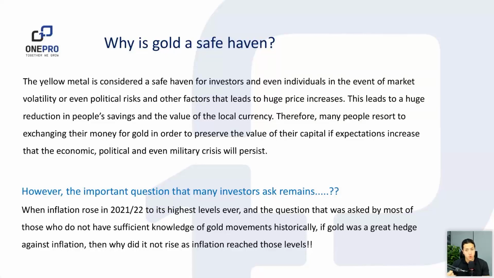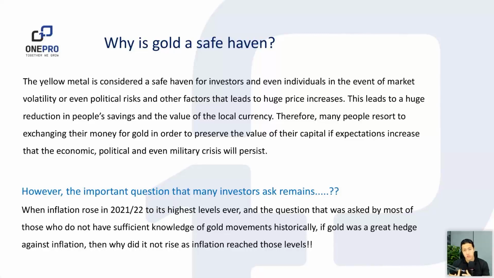So if inflation is going up, people basically should refer to gold, because the US dollar, the euro, the pound, whatever the currency is, it's losing its value. So we are basically referring to gold to store the value of what we own in our banks.